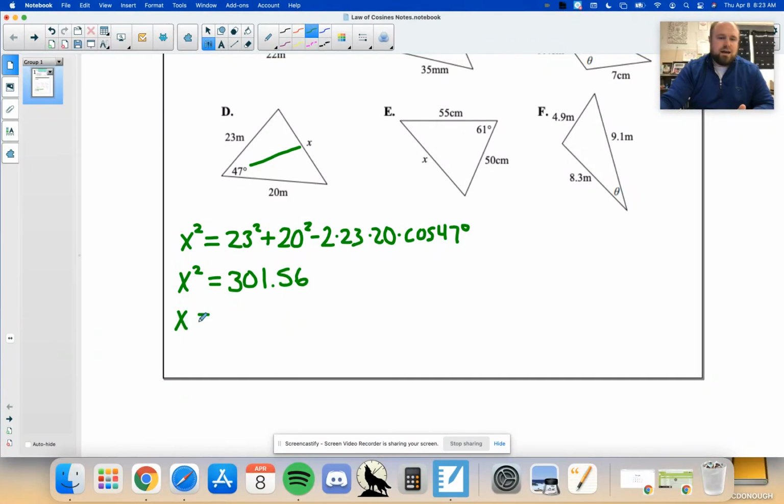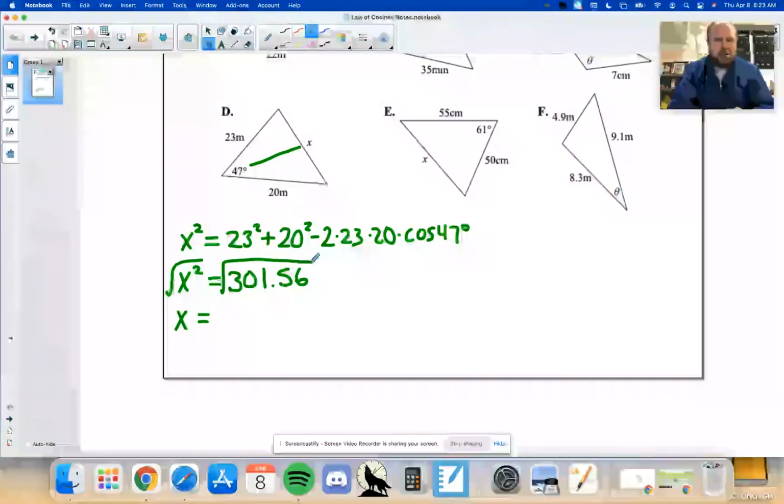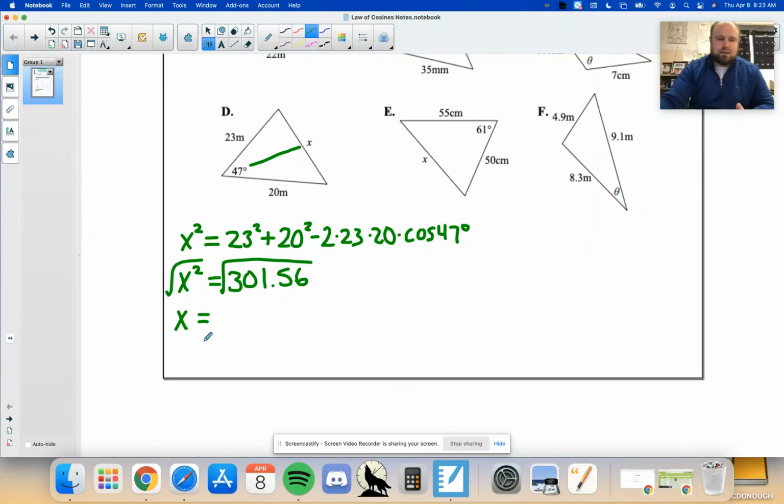So in order to find x, I would have to take the square root, which means I'm also going to have to take the square root of this. So if I take the square root of 301.56, I end up getting an approximate value. So this is approximate, not equal. Approximately 17.365, or 17.37.